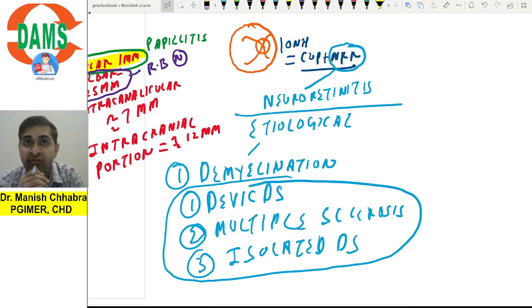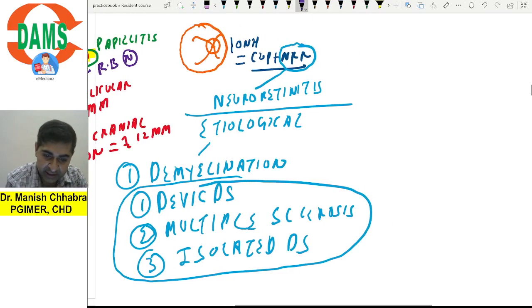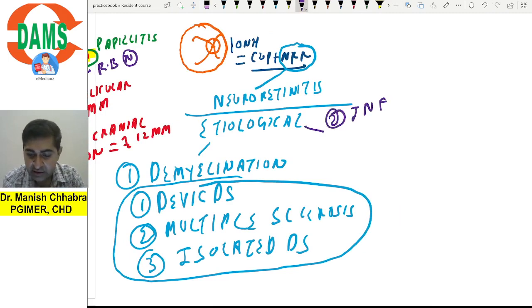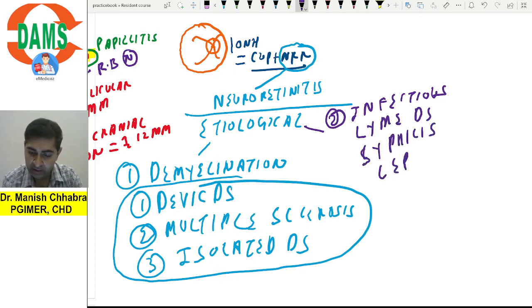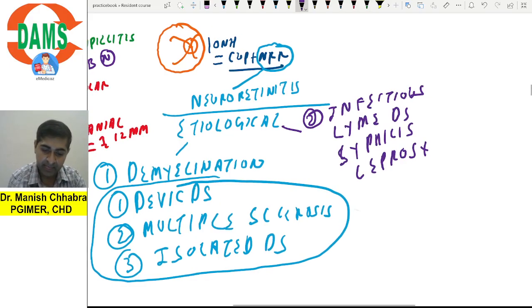Then we can have an infectious cause. Infectious means Lyme's disease, syphilis, leprosy.